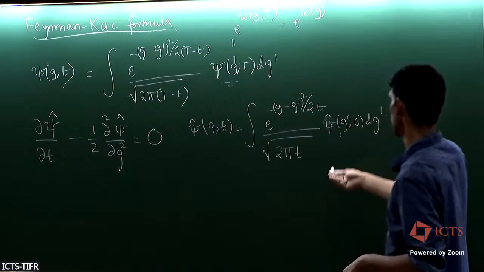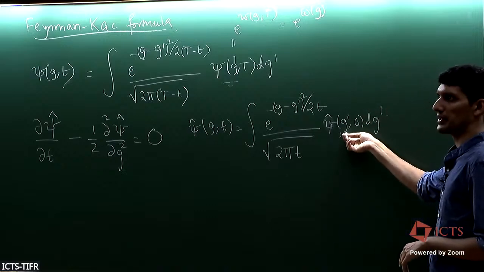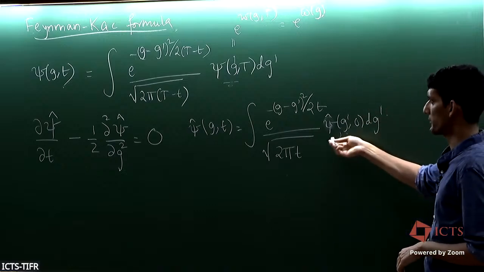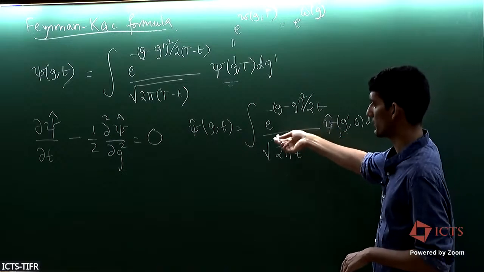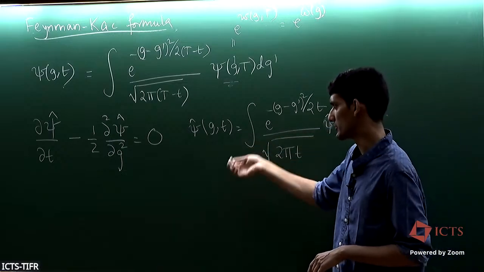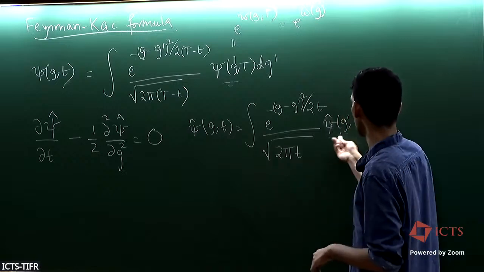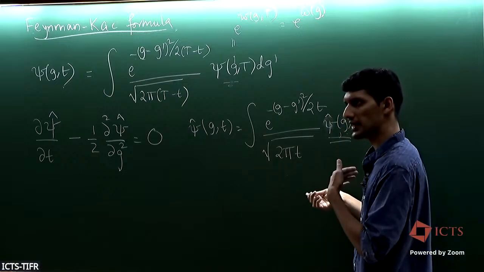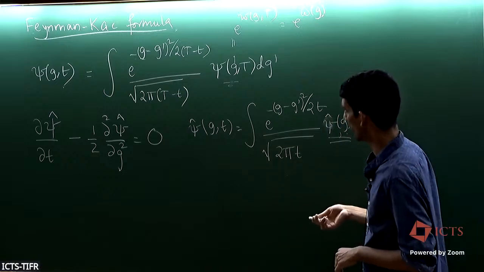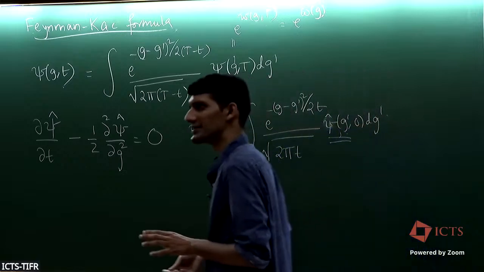So this is basically saying that if you're a particle that started at g prime at time t equal to 0, and evolved according to the diffusion equation, where do you end up? This is the solution. For this, you need to know psi hat at the initial time point. Okay, this is the ansatz.